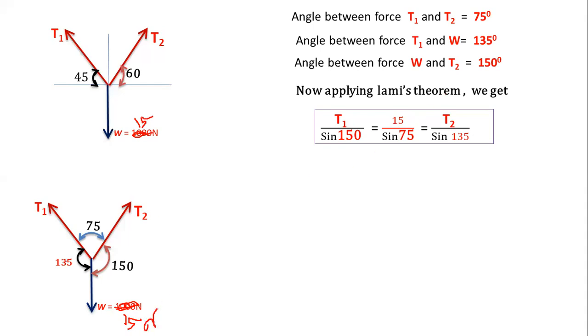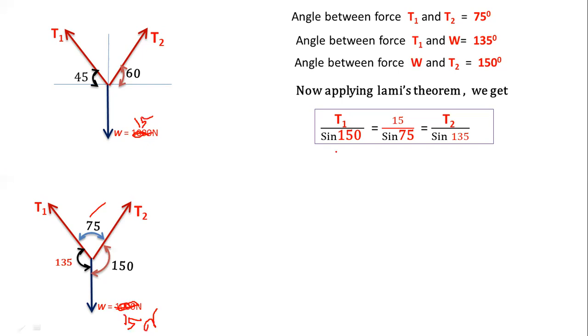The opposite angle is 75 degrees, so 15 by sine 75 degrees. And this one is the T2 force. The opposite angle is 135 degrees, so T2 divided by sine 135 degrees.